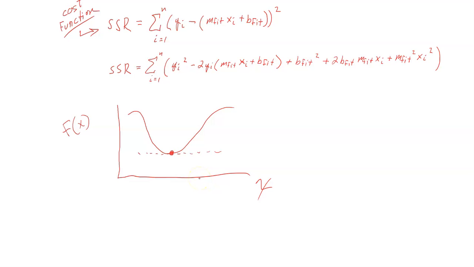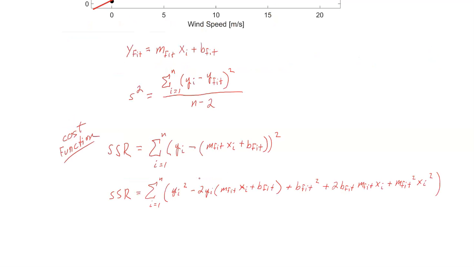In this case, we are taking for granted that that critical point is going to be a local minimum and not a local maximum. In fact, we're going to assume that it's a global minimum, which is okay for today. So we are going to take the derivative of this function.